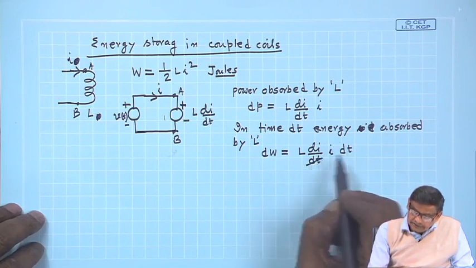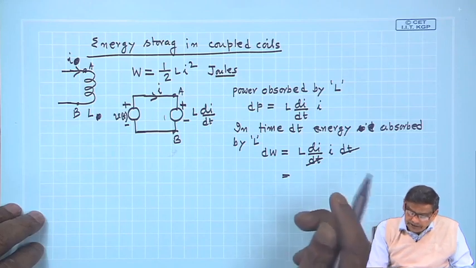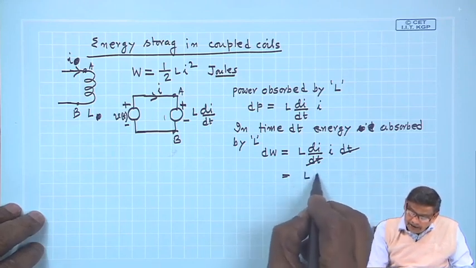This dt you can cancel out because they are not equal to 0, but very small. So, dW is L I dI.